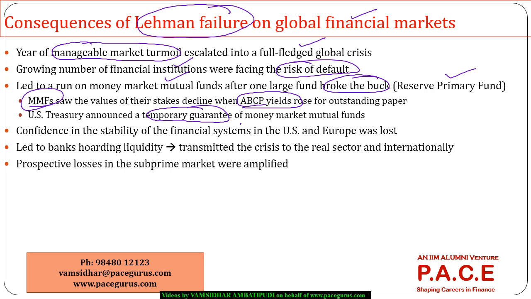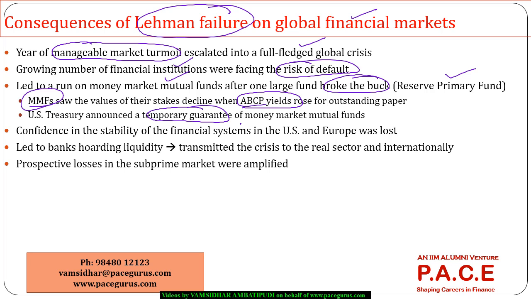Banks were hoarding their liquidity, and because not too much lending and borrowing activity was occurring, all other sectors which were dependent on the banks started getting badly impacted, out of which the real sector got the biggest beating of all times.